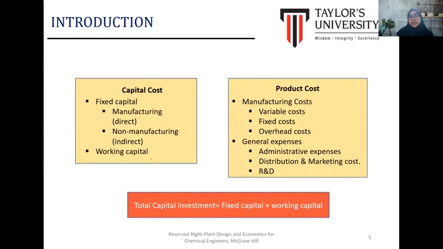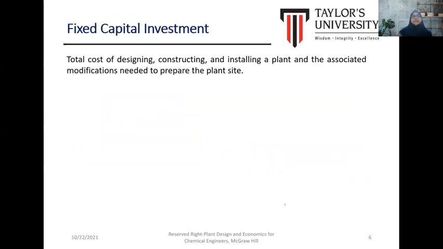The working capital is mainly the operational cost to operate the process plant, such as the cost of raw material and the cost of utility. Usually the working capital is within the range of 10 to 20% of the total capital investment. The total capital investment is the summation of the fixed capital and working capital. Later I will explain to you an example of the fixed capital and working capital.